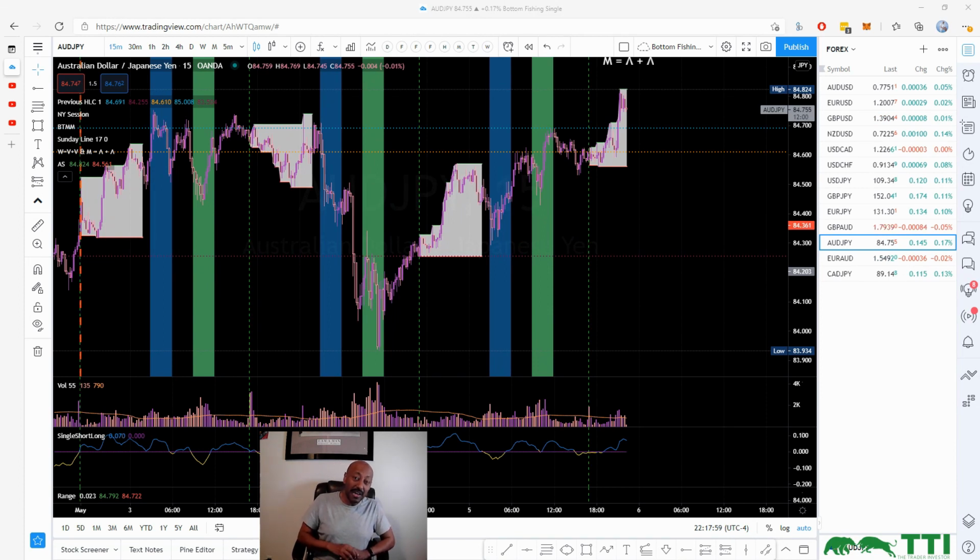That's what I want you to be careful of. That's what I'm educating you here: look for levels, look where you are in the level, look for those M, W, V, lambda formations, look for the London session or the New York session, and at the beginning of those sessions, not at the end.